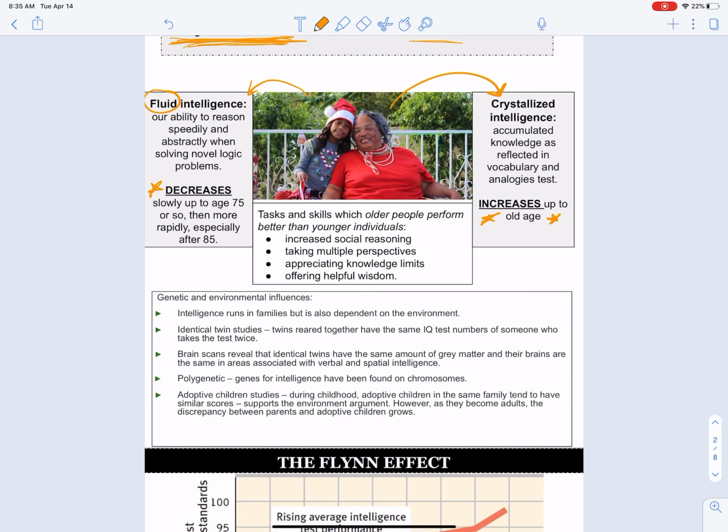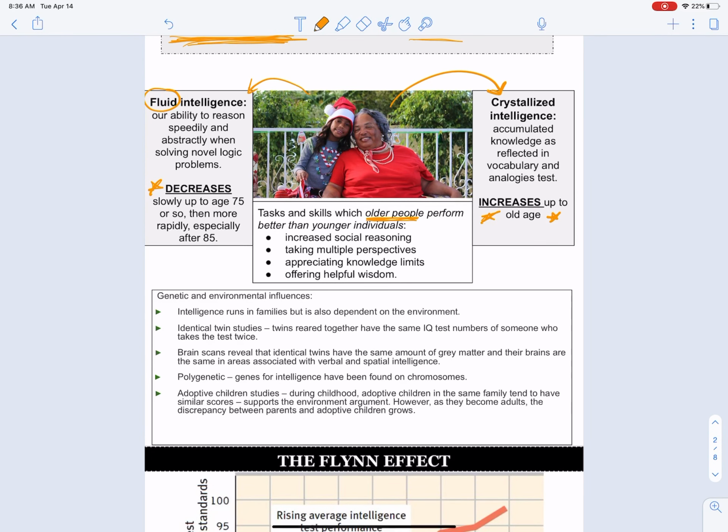Okay, so there are some tasks in which older people can perform better than younger people. And this is important to know because these are skills that come with life experience, and I've also seen this on the exam. So make sure you know that older people tend to have increased social reasoning. They may have experienced things in their lives that help them see the bigger picture of social interactions more so than someone who's younger. They can also take multiple perspectives on an issue and see it from a couple different angles, and they can appreciate knowledge limits.